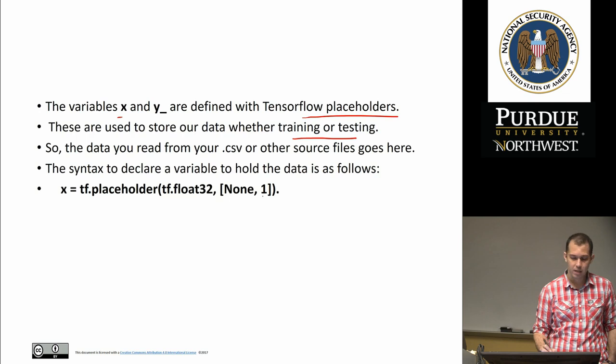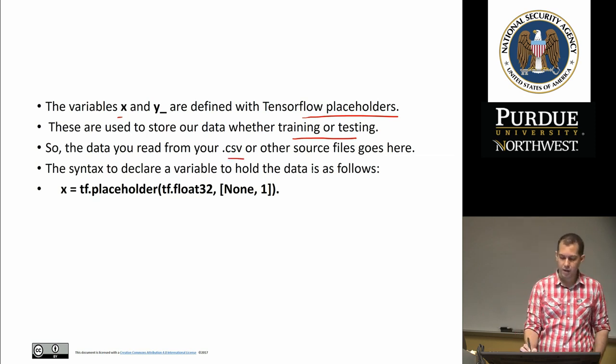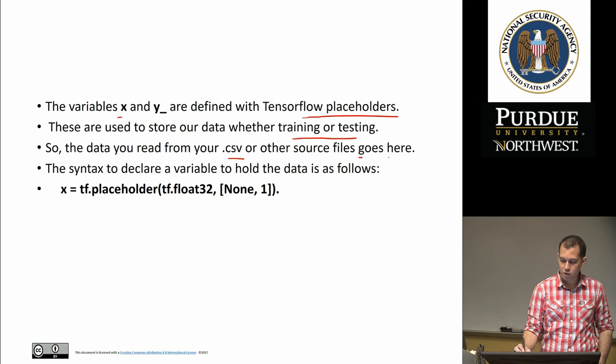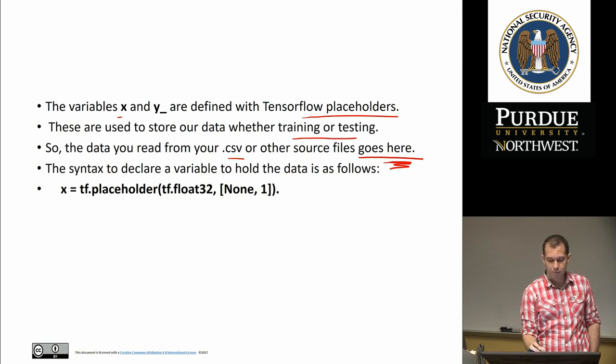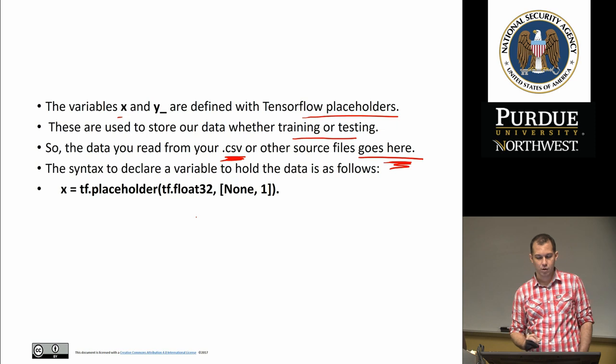This is the data that comes in, the annotated data and the actual samples. So the data you read from your CSV, or in our case, the data that we generated automatically, goes here. That's how you should remember that you're using placeholders.